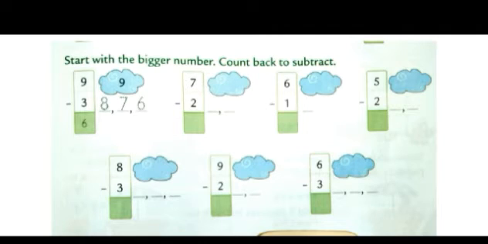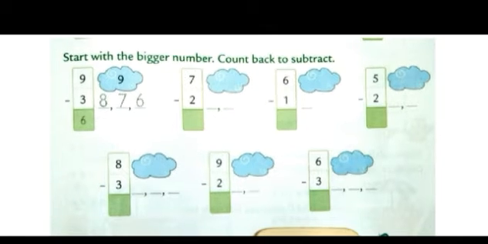So scholars, now let's do this exercise given on page number 55. Start with the bigger number. Count back to subtract. You need to count back and subtract the given number. And what is the main thing written here? Start with the bigger number. As I told you, the first one is already done, but we will see how it is done. Okay, 9 and 3.